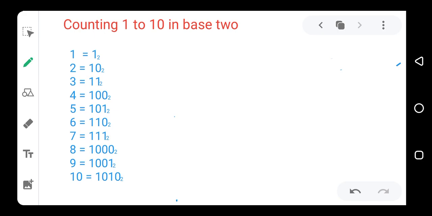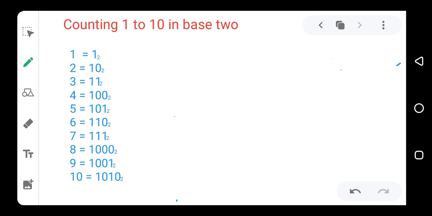It is not 10. We call it 1 0. The one that is 1 0 0, you cannot say that it is 100 in base 2. You call it 1 0 0. The one that is 1 0 0 0, you cannot say that it is 1000. You call it 1 0 0 0. So all the digits in base 2, you must pronounce them one by one.